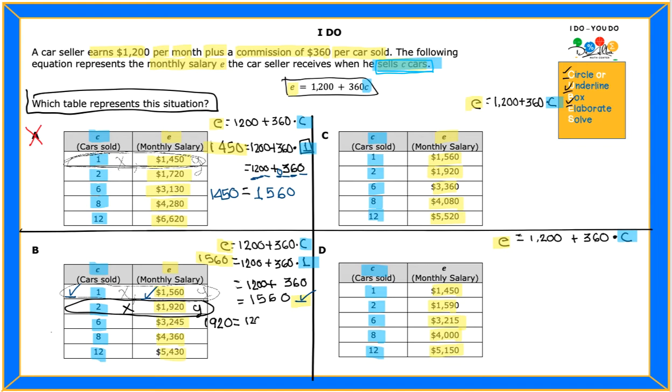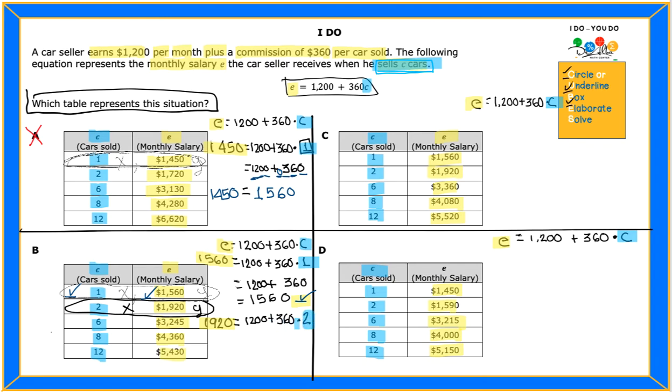It's 1,200 plus 360 times C, which in this case is number 2. See that, guys? Great. So that 1,920, I got it from here. And this number 2, we got it from here.